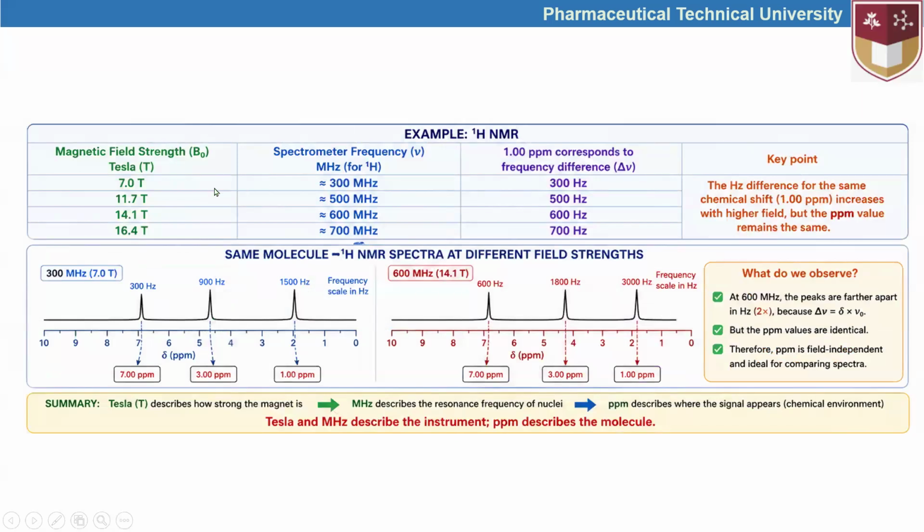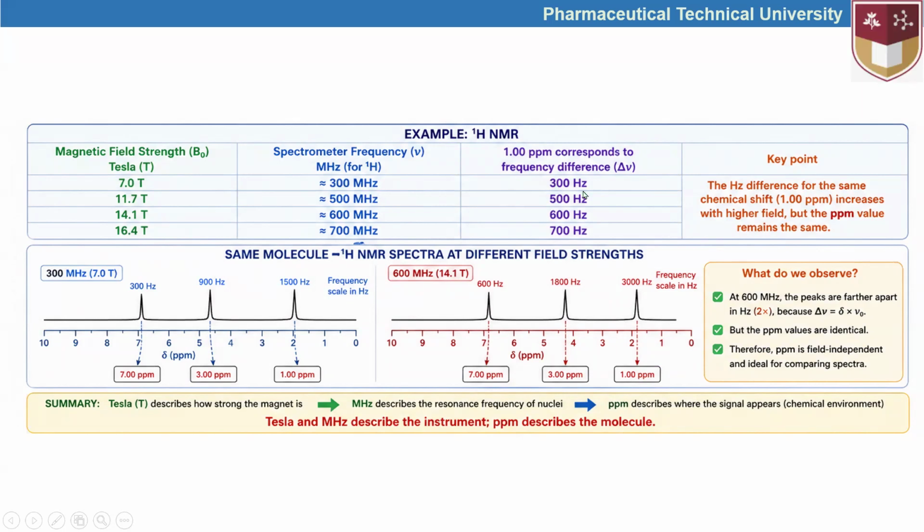And here we can see the linkage between magnetic field strength, Tesla, and the frequency. 7 Tesla, for example, as indicated here, is around 300 megahertz.